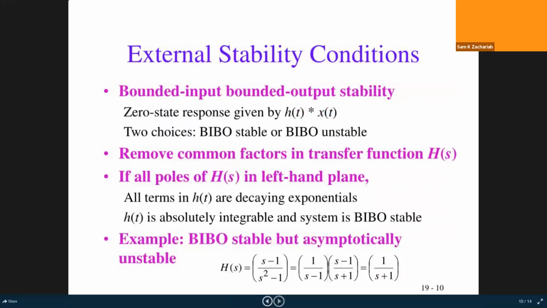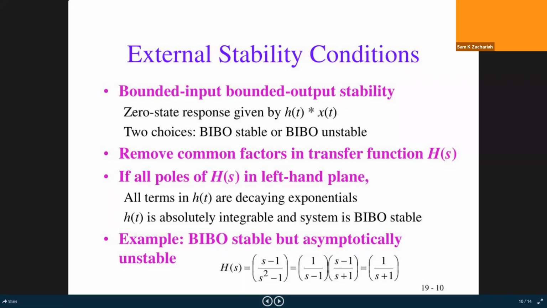Okay, the next portion, stability, is a very important portion. When you consider the stability of a dynamical system, there are different norms for stability. Here, we are generally considering the linear time invariant system.